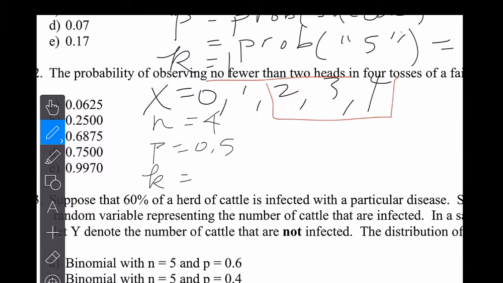So what you must do is calculate the probability that K is 2, the probability that K is 3, and the probability that K is 4, and you need to add those together, right? Another way you could do this is calculate the probability of the other 2, and subtract the sum of the probabilities from 1 to find these as a group. But let's do it this way, if you're still trying to learn this.